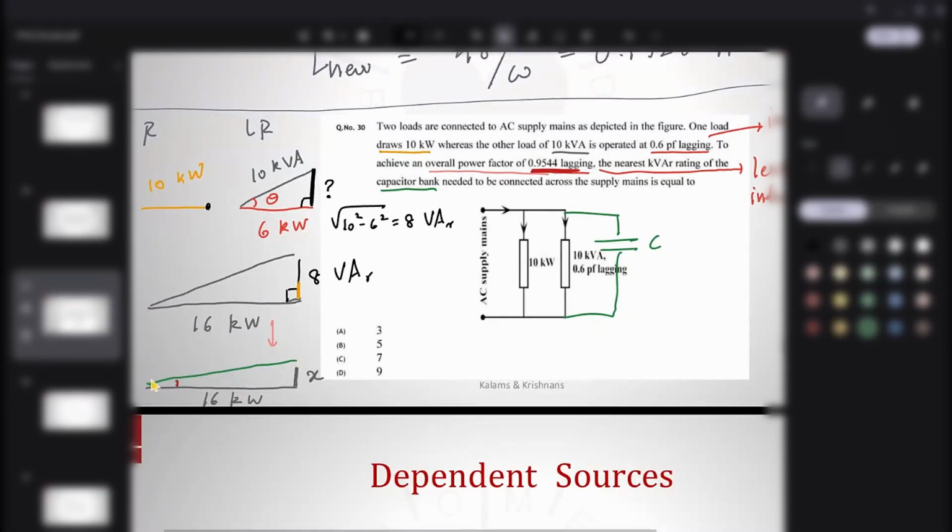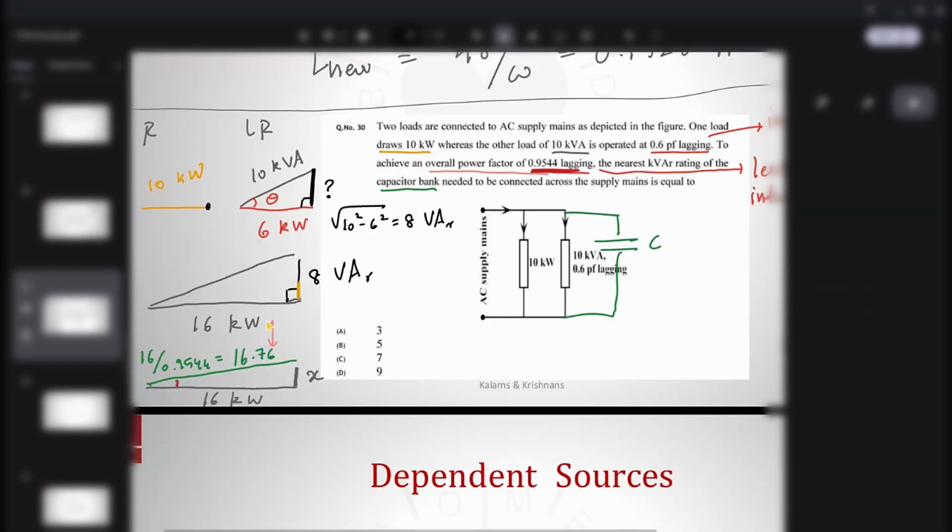By definition, this is 16 by power factor 0.9544. 16 divided by 0.9544 happens to be 16.76.